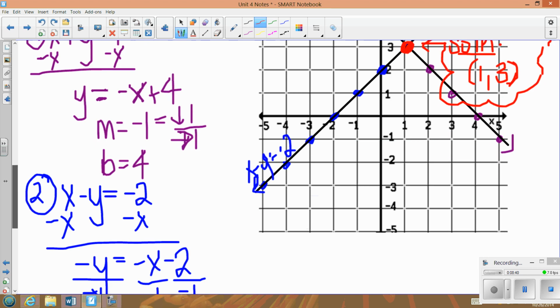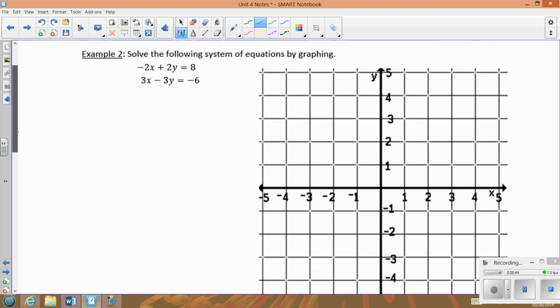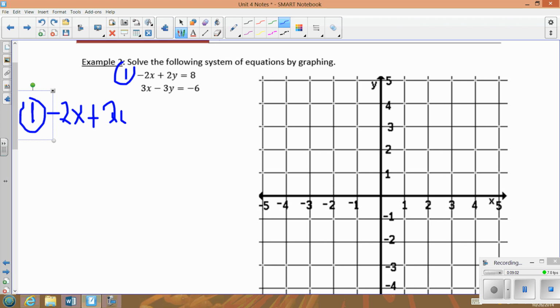So let's look at some other examples. Example 2. Let's solve these by graphing. So let's go ahead and start by solving each equation into y equals mx plus b form. So I have -2x plus 2y equals 8.